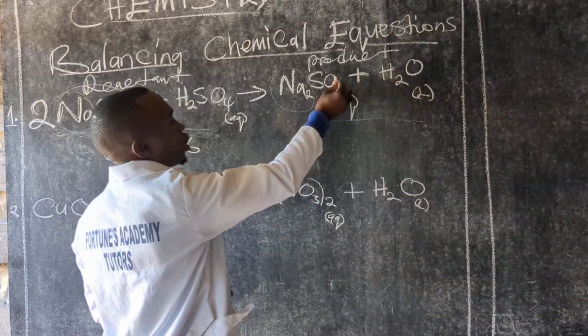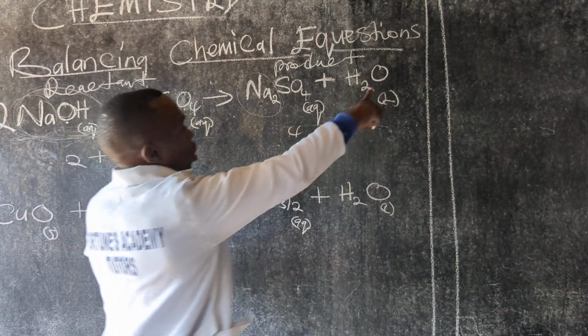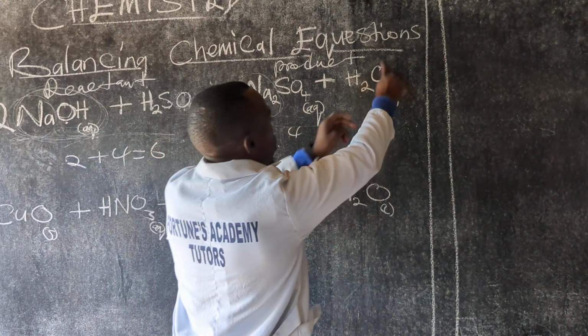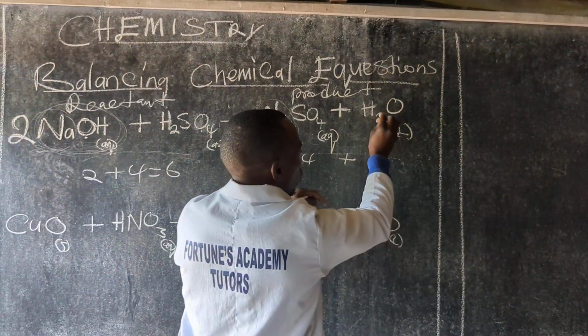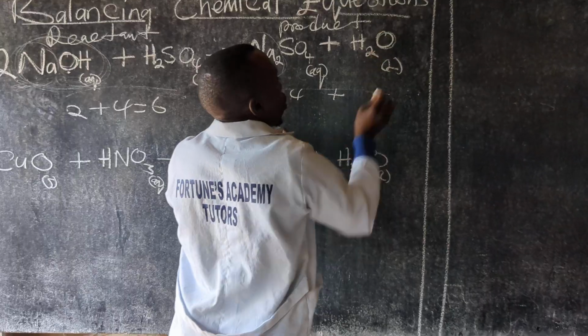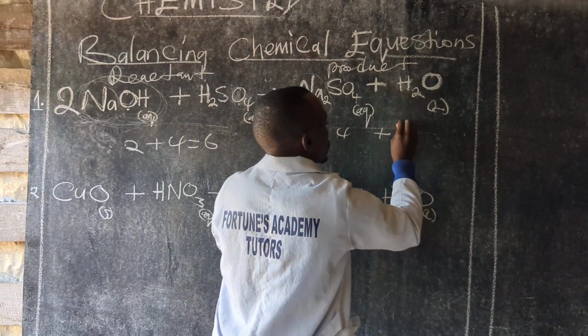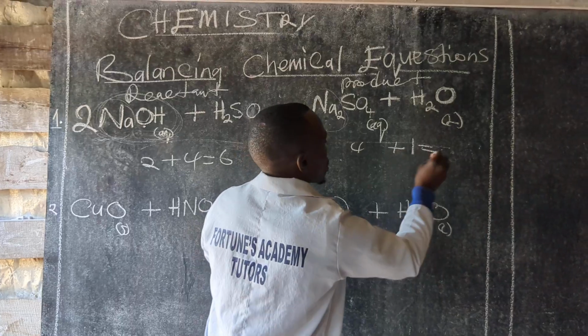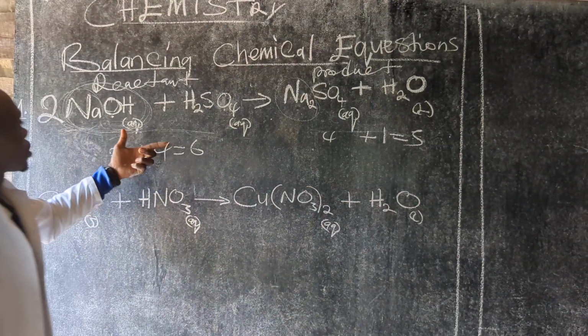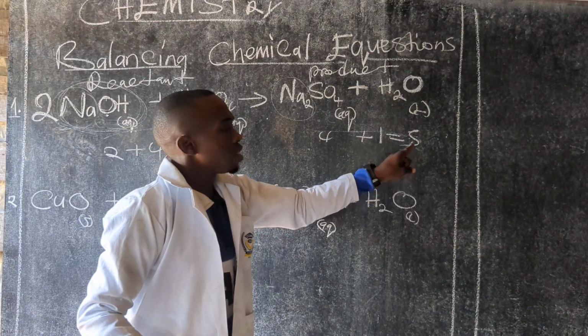Here we have this oxygen which is 4, plus another oxygen which is 1. Mind you, this 2 is only affecting hydrogen, it is not affecting oxygen. So the product side gives us 5. On the reactant side oxygen is 6, and on the product side it is 5.